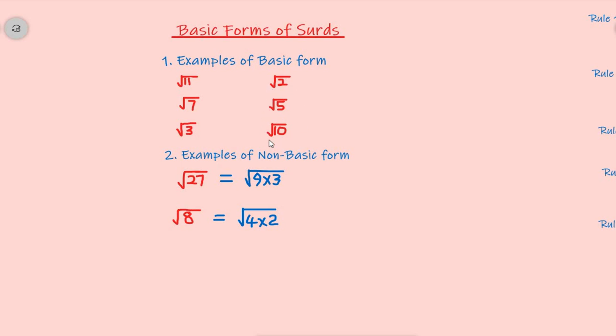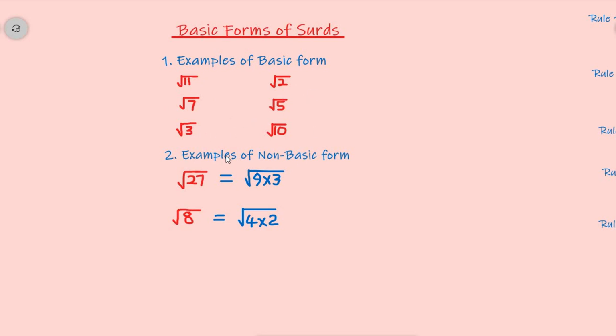So all these ones are basic forms of surds. Why? Because they cannot be broken down into two factors where one of them has an exact square root. So these ones cannot be broken down into other factors, so they are basic forms.